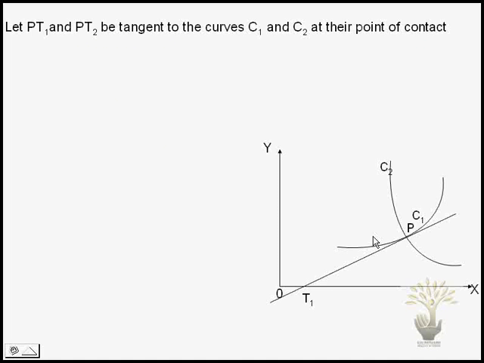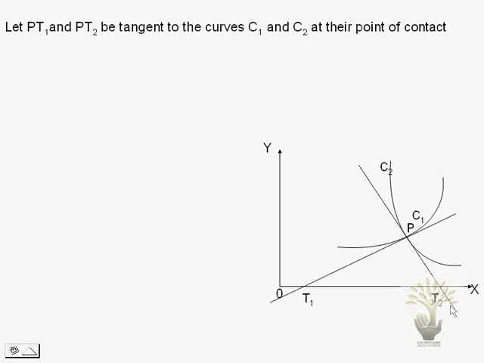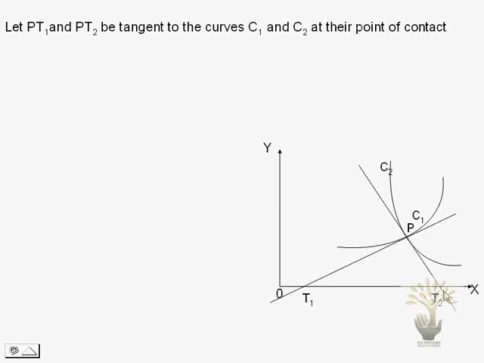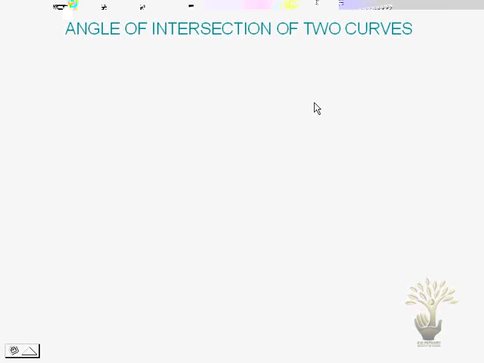PT1 is the tangent to the curve C1 at the point of contact P, and PT2 is the tangent to the other curve C2 at their point of contact P.